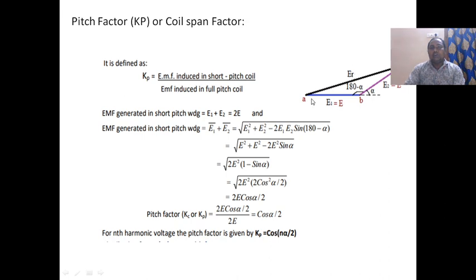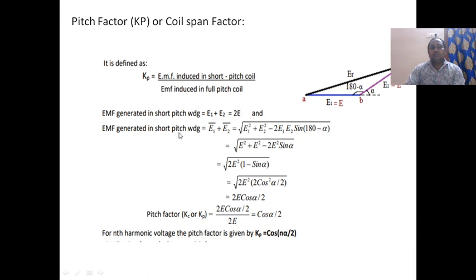For the full pitch coil, the EMF induced is E. For the short pitch coil, the EMF induced is also E. The first is E1 and the other is E2. The EMF generated in the full pitch winding is E1 plus E2, which is 2E.